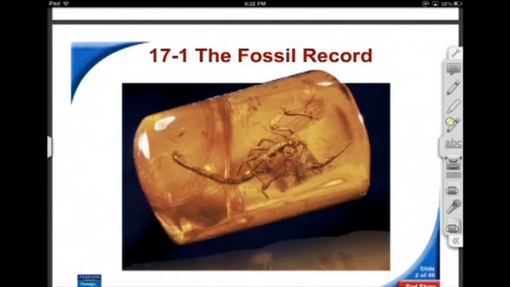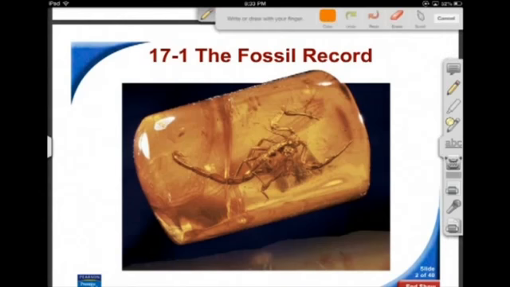This is a very interesting slide, and it reminds me of Jurassic Park, the movie, where they found not a scorpion, which had been trapped in amber, but a little mosquito.